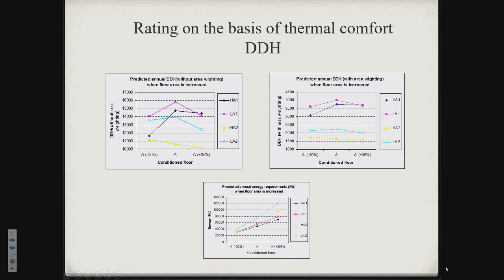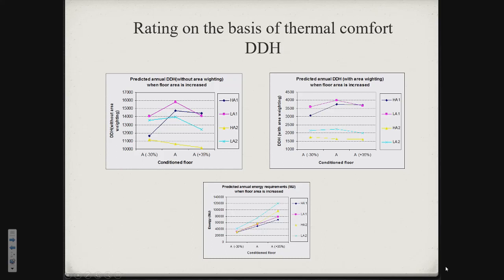In the first one, I just computed degree discomfort hours during a year, and in the second one, I weighted them. I gave them a weighting because if we have a 3-degree temperature higher than the comfort zone, the percentage of dissatisfied people differs from if we have 1 degree higher than the comfort zone. So I weight the hours by a factor which is related to the distance from the thermal comfort zone.